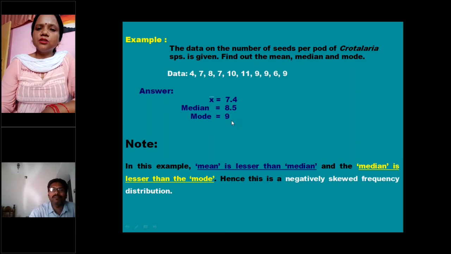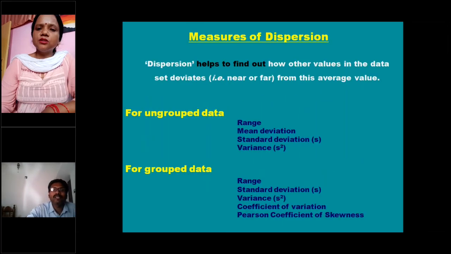Because there are some differences between the three values, mean, median, and mode, we can use the dispersion measures like the range, mean deviation, standard deviation, and variance for ungrouped data. For grouped data, we have the range, standard deviation, variance, coefficient of variation, and coefficient of skewness.